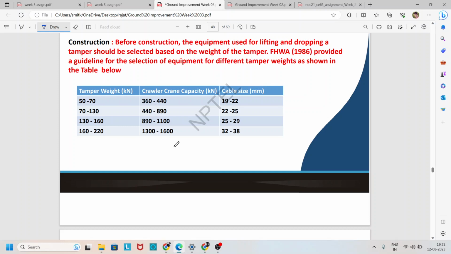That means if the weight is 50 to 70 kilonewton, the crane should carry 360 to 440 kilonewton, and also the cable size 19 to 22 mm. So like that, if we increase the tamper weight, the crane capacity should also be increased to carry the tamper, and also the cable size should increase to carry the tamper.